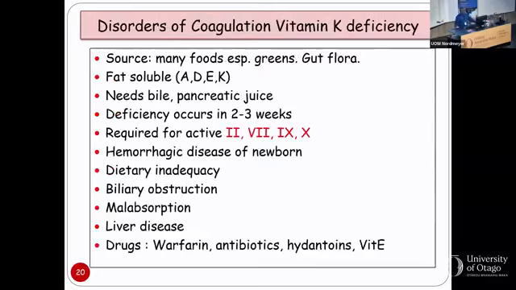Now, coagulation, bleeding disorders that are due to vitamin K deficiency. The one place where one example I have made is with neonates, but it's important to look at the facts again.